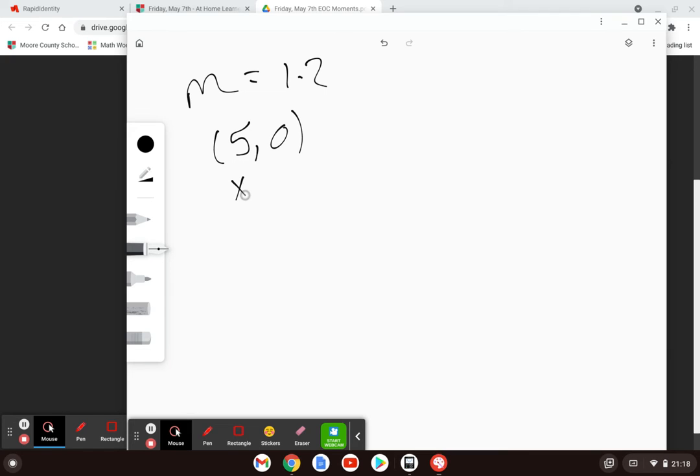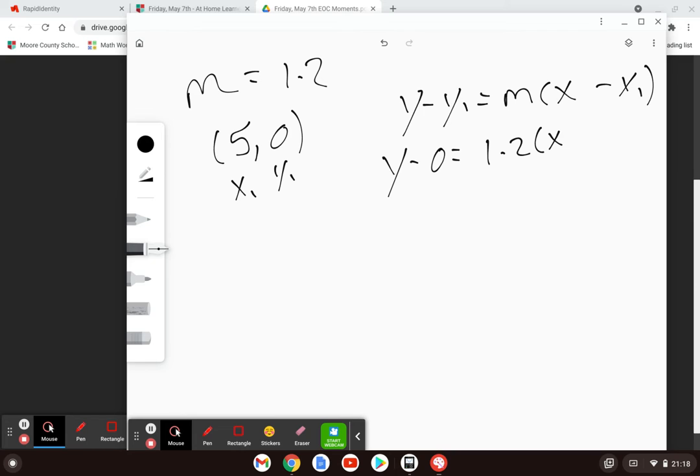Okay? x1, y1. So I use my point slope form of the linear function to solve this. All right? So I simply take y1, which is going to be y minus 0, equals, so the slope is 1.2, so that's going to be 1.2 times x, and then minus, so my x1 is a 5.